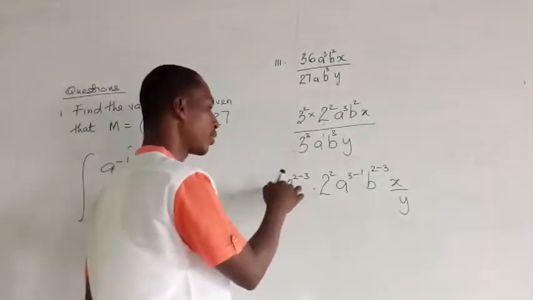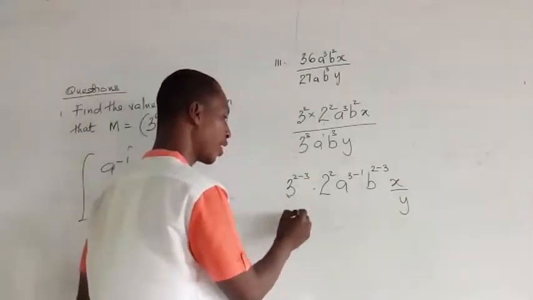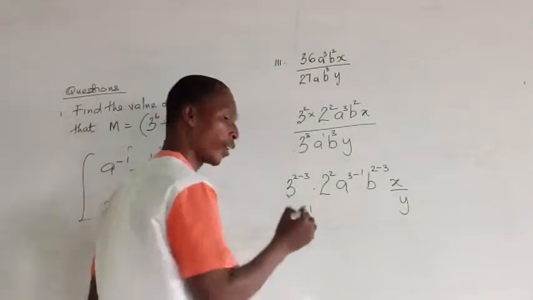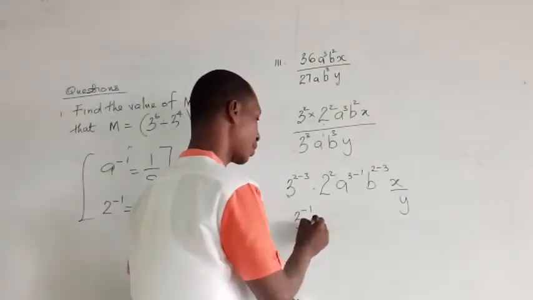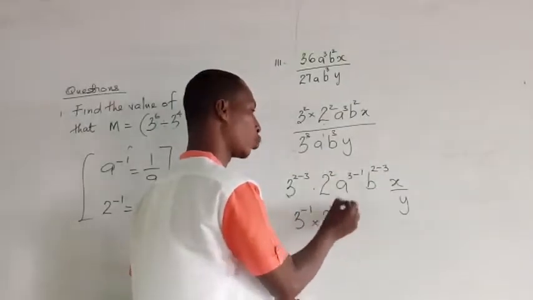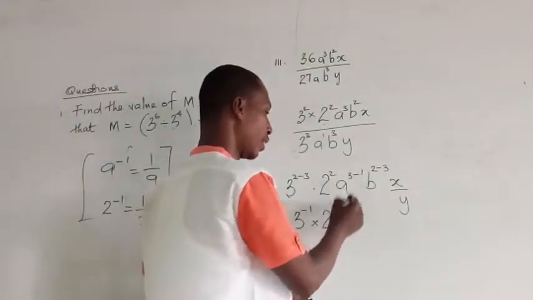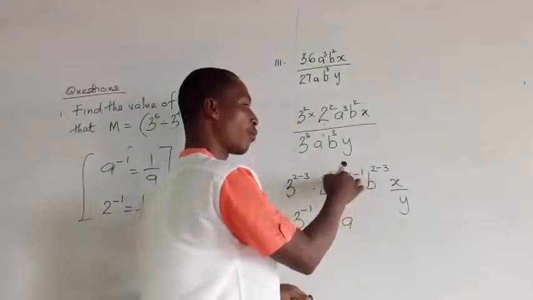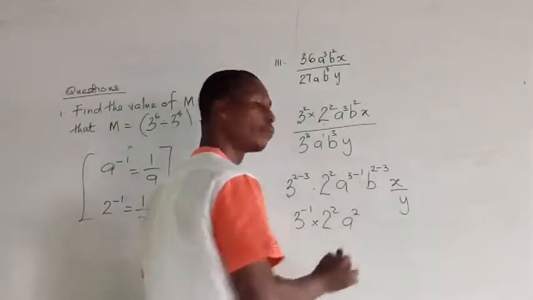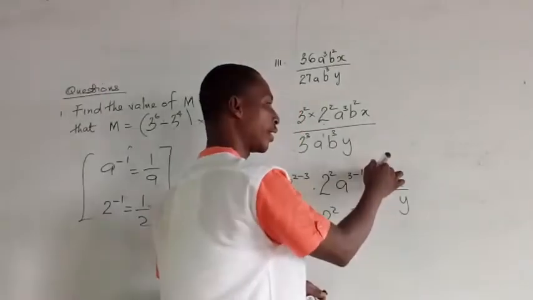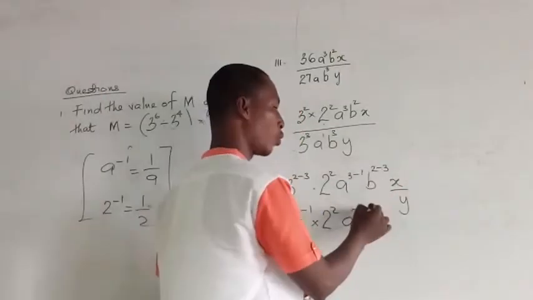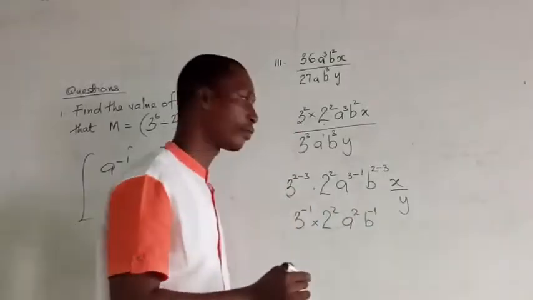So we come here, according to what I've explained. When I subtract this from that, I'm going to get 3 to the power minus 1 times 2 to the power 2. Then a, if I take 1 from 3, I'll be left with 2. Then b, I take 3 from 2, I'm left with minus 1.